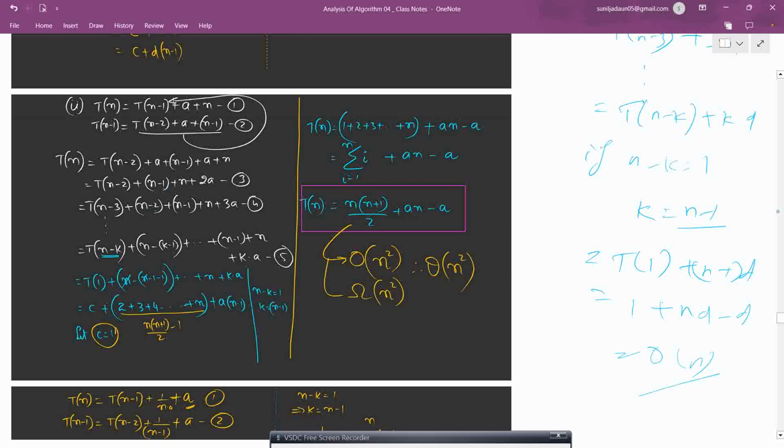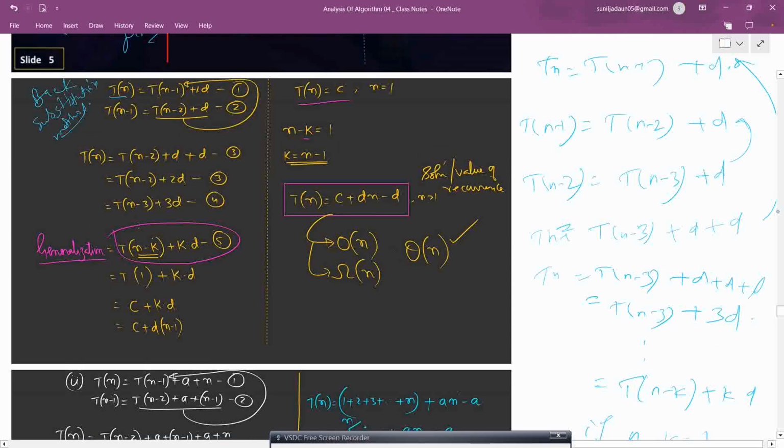So how do we get that? k is equal to n minus 1, T1 plus kd. This c here is a constant, equal to 1. Now let's see the order of n and big omega of n. So this is theta of n, the solution value of the recurrence. Alright, so this is how we do that.